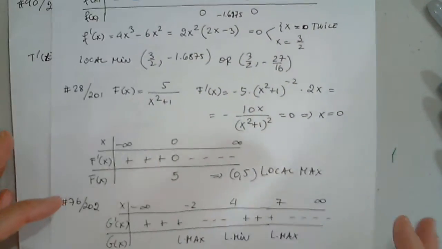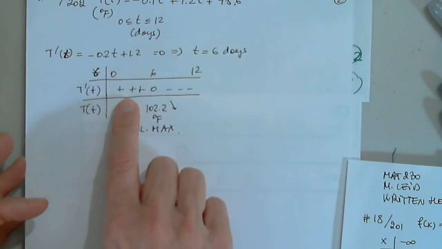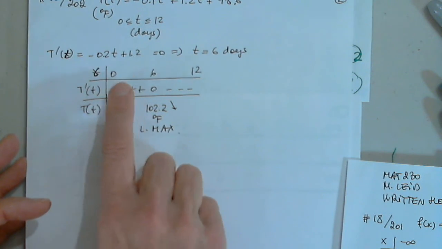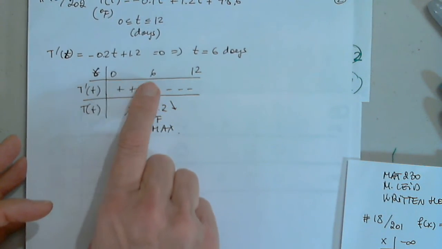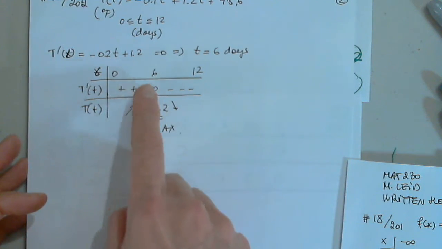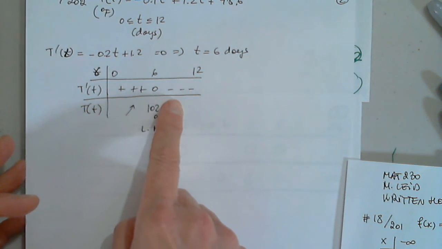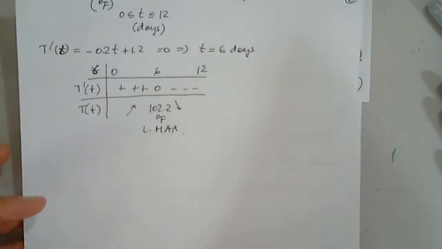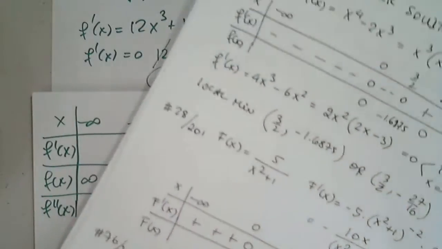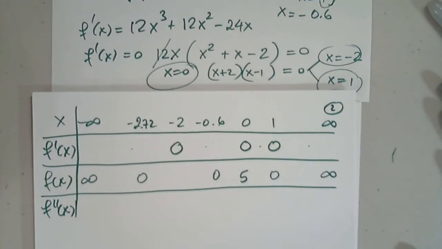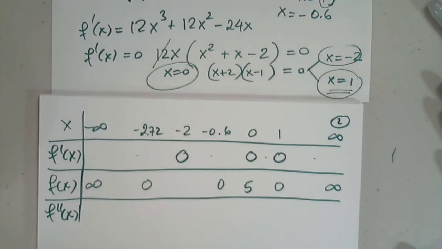You have to test with a number. You take a number in the interval, plug it in, and see if you get a positive or a negative number. Don't just fill in with the signs. Please pay attention to that. I'm not filling in signs as I please. I test, and based on that, I fill in the sign.